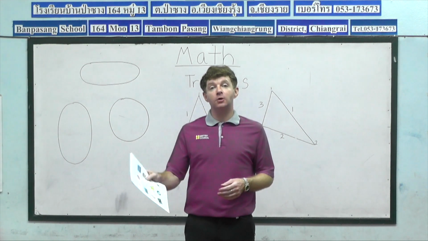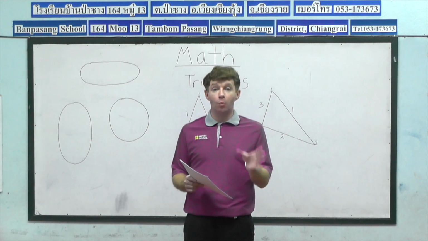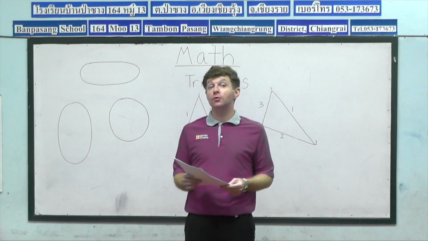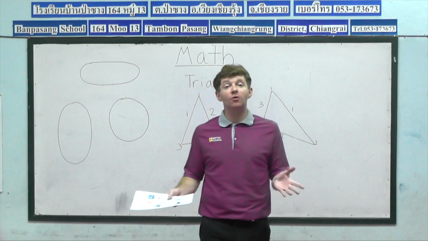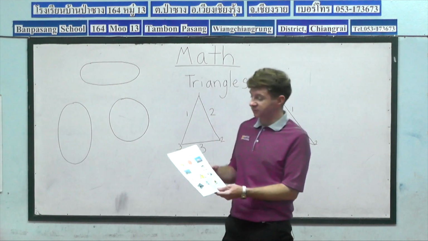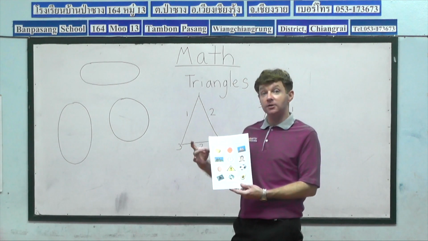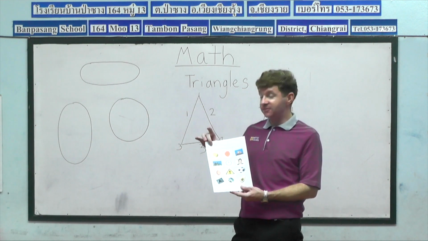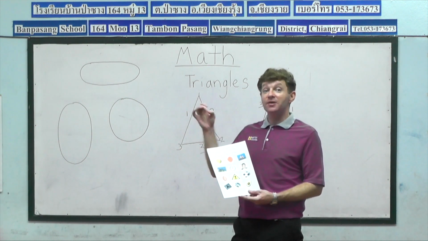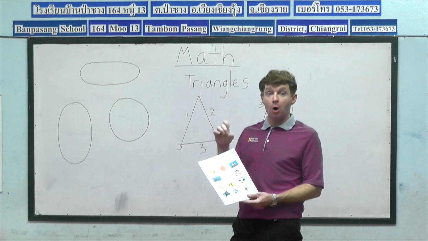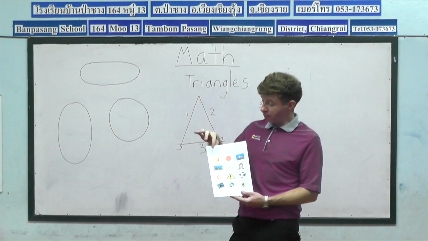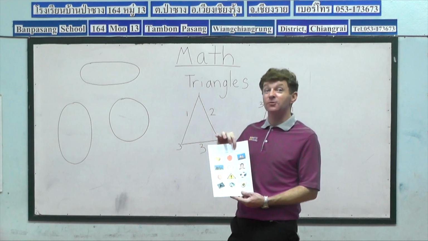So teachers, what you'll need to do is print off a worksheet for each of the students in your class. And similar to the previous lessons, because we're learning to understand shapes, our students need to look at the objects and they need to decide if this is a triangle or this is not a triangle, and write each of the sentences underneath.